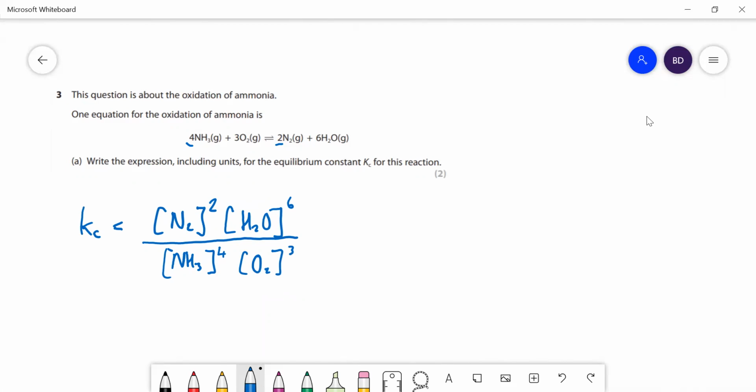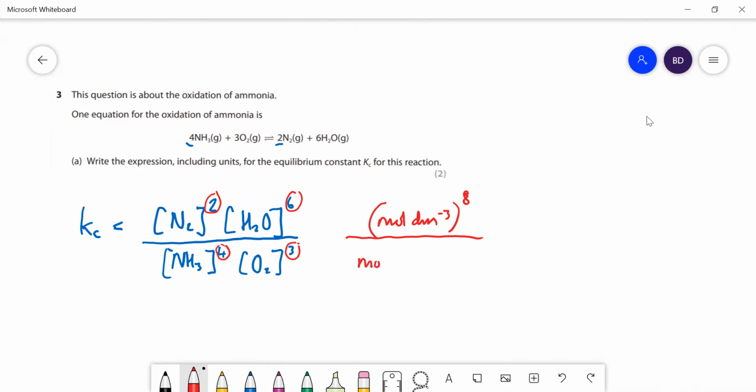Now the units there could be quite complicated. Well, if you look at the top, we've got a 2 and a 6, so that means we've got mole per decimeter cubed, concentration terms, to the power of 8. 2 plus 6 makes 8. And on the bottom, we have got concentration terms, 4 and 3, add them together, it's 7.